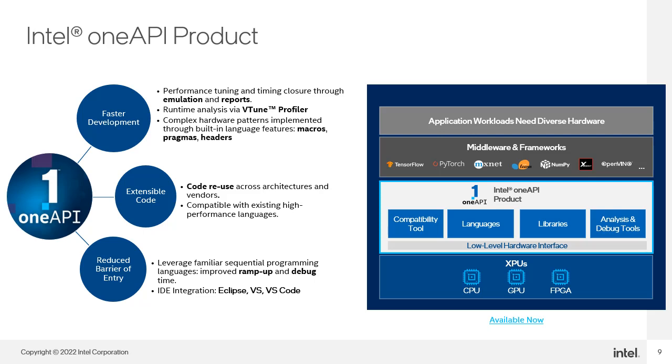The Intel oneAPI product was developed with future developers in mind, providing a model that supports diverse workloads efficiently. The advantages of this product are far too numerous. It goes without saying that you have one set of toolchain, libraries, language, and compatibility tools to handle all of your application workloads requiring diverse architectures. Developers can now have faster turnaround time as development complexity is drastically reduced using the inbuilt tools.